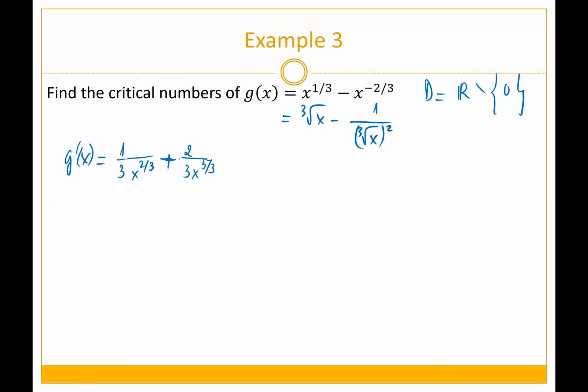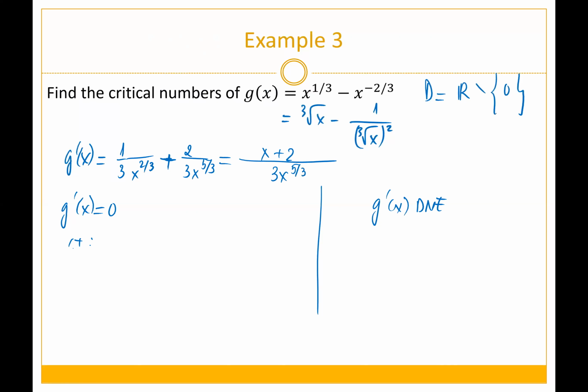For the critical numbers, you set g prime of x equal to 0, or g prime of x does not exist. Now we're going to put them over the same denominator to make it easier to find. You're going to have x plus 2 here. When you set that equal to 0, you have x plus 2 equal to 0, or x equal to negative 2.